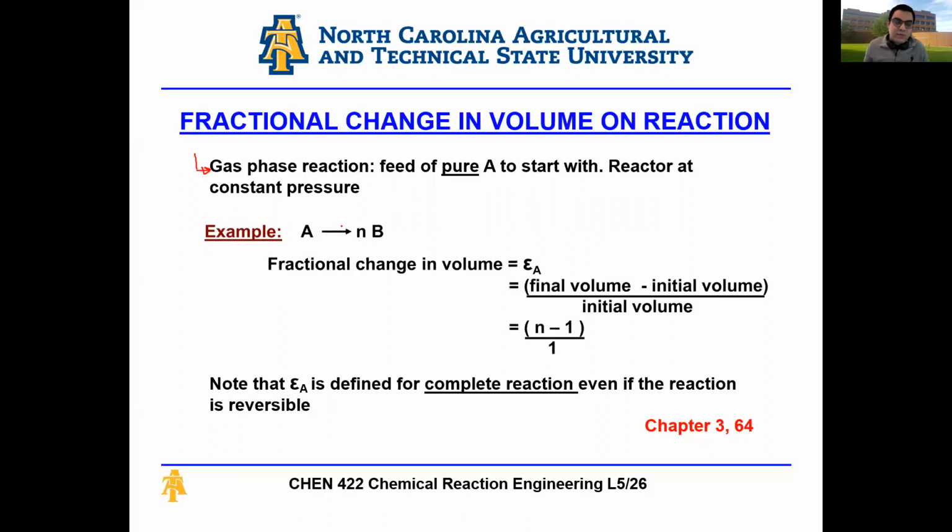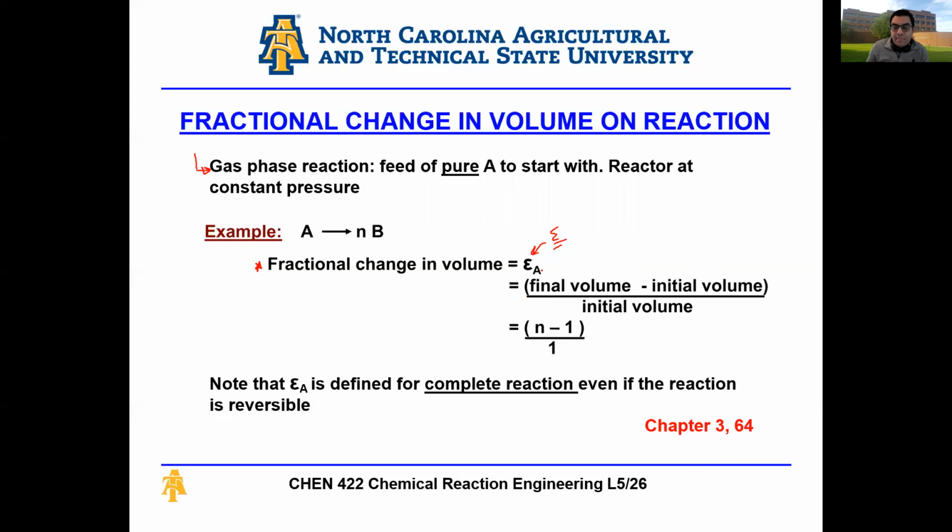I have a gas phase reaction, A goes to B, and the reactor is at constant pressure. I'm going to define this term called the fractional change in volume. I'm using the symbol epsilon here, right? And the definition of this is the final volume minus the initial volume over the initial volume, okay?